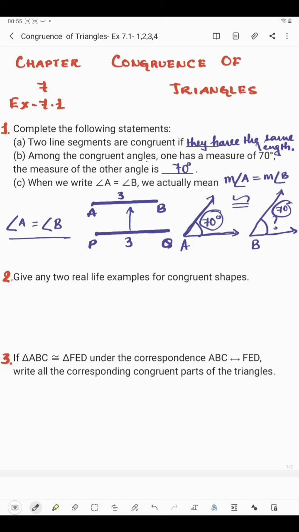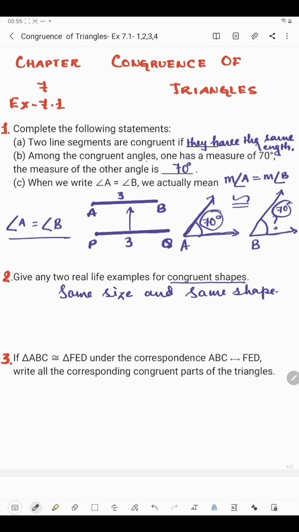Question number 2 says give any two real life examples for congruent shape. Congruent shape means two shapes that are the same size and same shape. Okay, so two shapes that are the same size and the same shape are congruent.